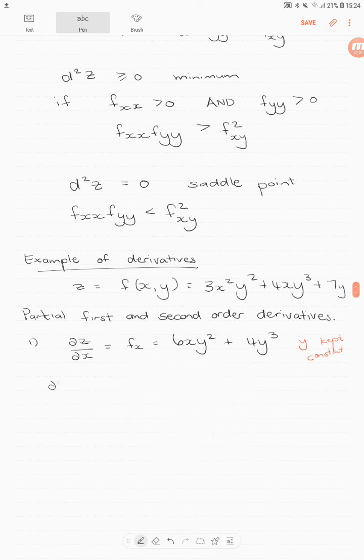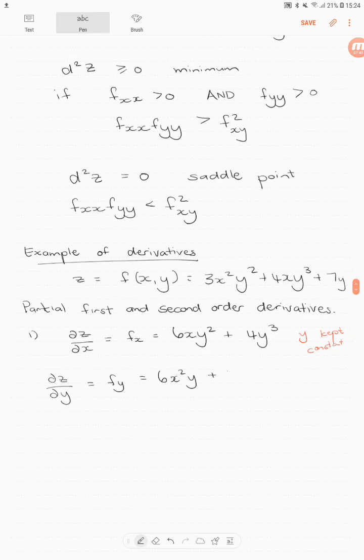With regards to y, it is equal to 6x squared y plus 12xy squared plus 7.